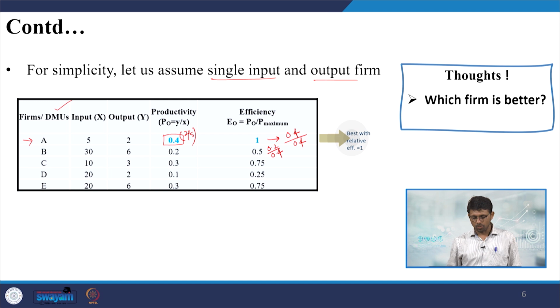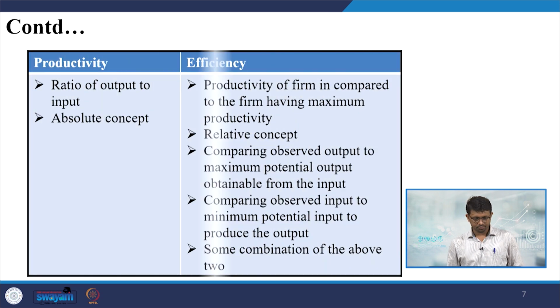Others are relatively lower, like 0.75. C is better than B, and firm E is better than D and B, etc. So, the value of the efficiency score matters to compare whether they are efficient enough or not.